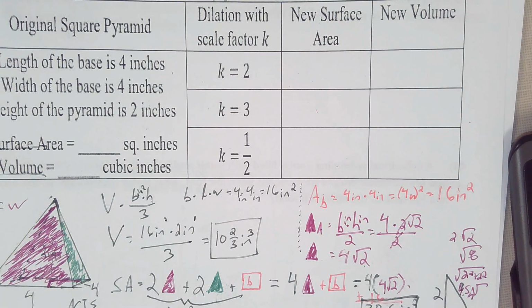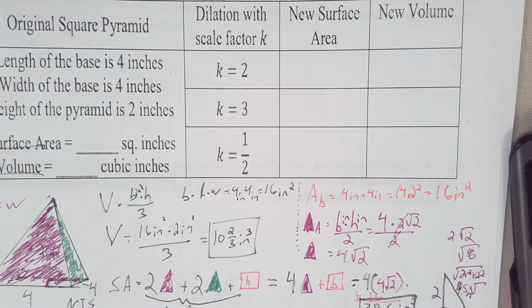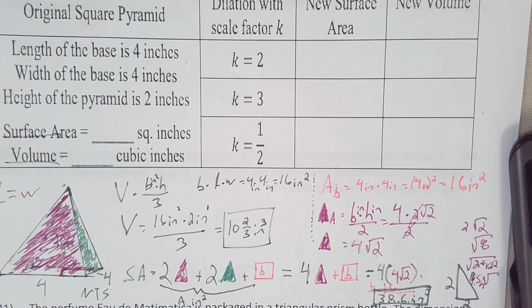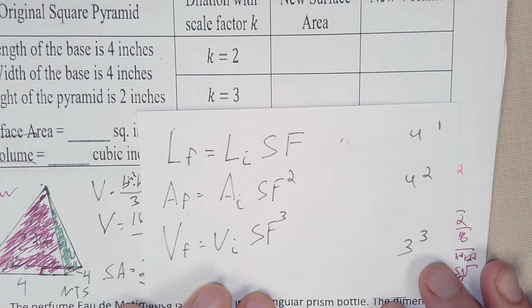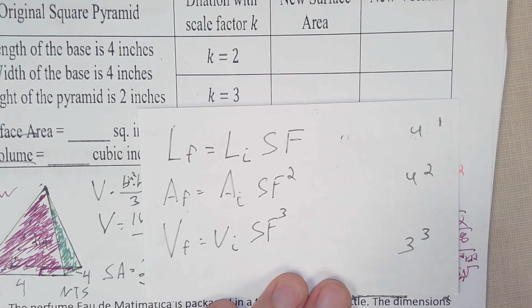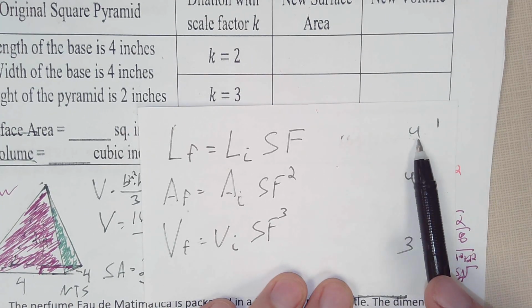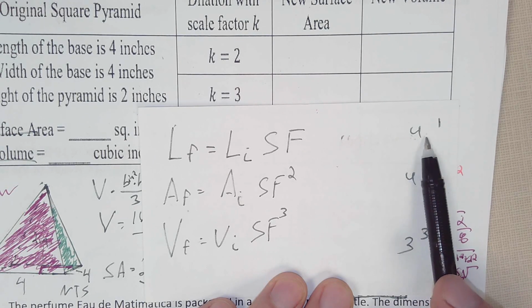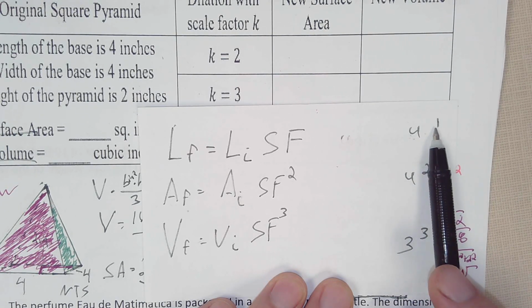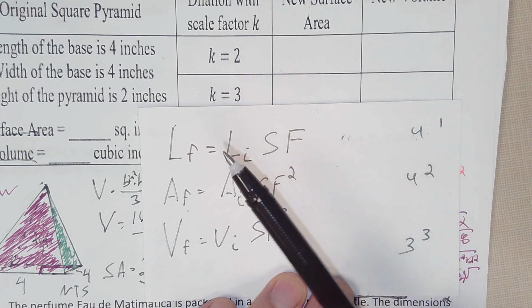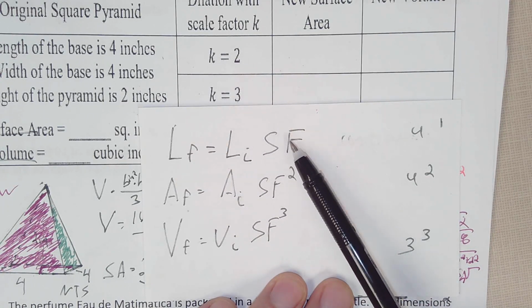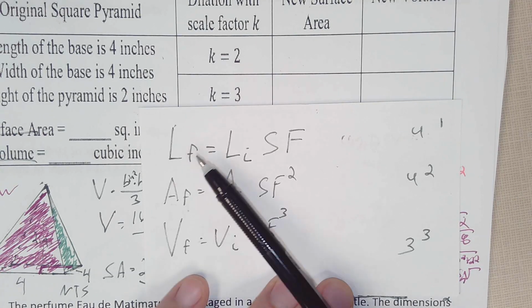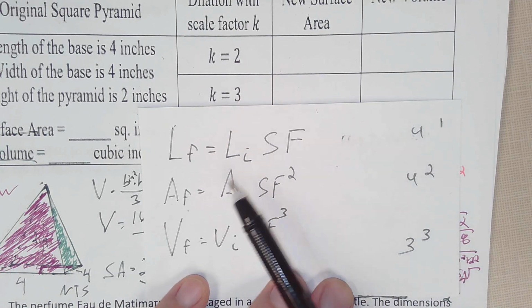Okay, so where do we go from here? All right, so you may remember that for linear things, anything with a meter, feet, centimeter, where the unit is to the first, after the scale factor, or K, is applied, the final value is the initial value times the scale factor to the first.